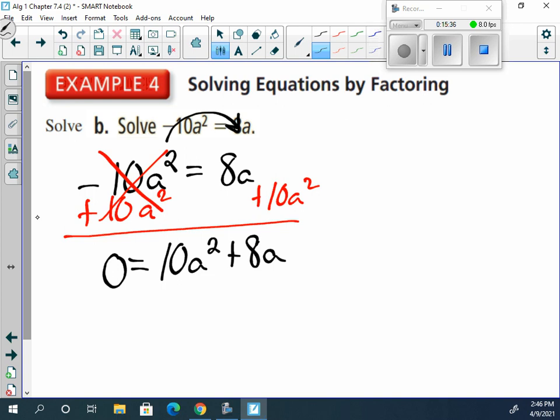Yes, sir? I have a question. When you put 0 equals 10a plus 10a, would that still be 10a squared? It wouldn't, because 10a plus 10a, 10 plus 10 is 20a. And 20a is not going to give us the exact same thing as 10a squared. Now, it might work for 2, because 20 times 2 is 40, and 2 squared is 4, times 10 is 40.